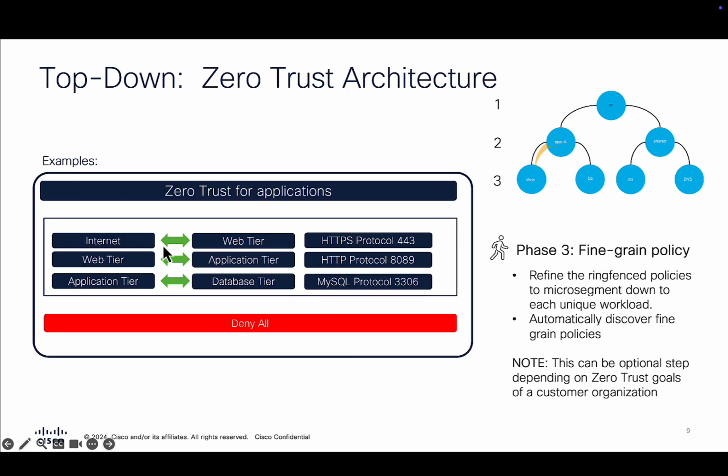So you're further breaking it down, wherein you say internet is allowed to talk to my web tier, web tier is allowed to talk to my app tier, and app is allowed to talk to the database tier on certain specific TCP ports. So you're really breaking it down to individual app components, and this is basically the nirvana stage, or zero trust architecture.